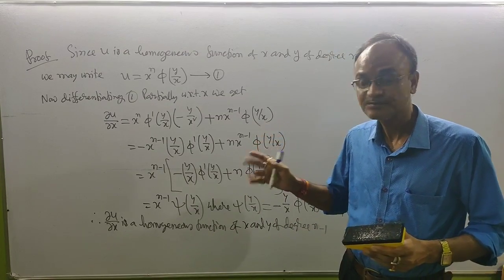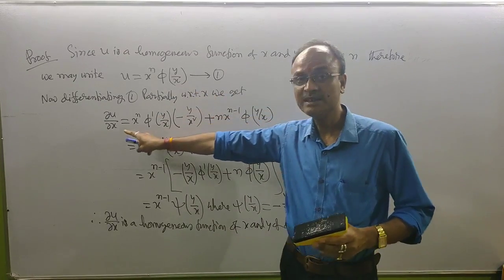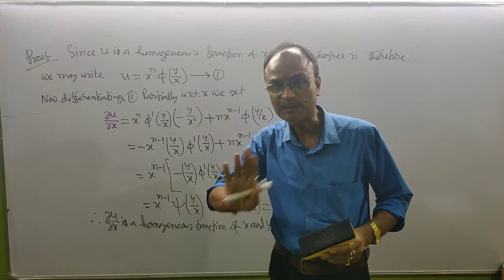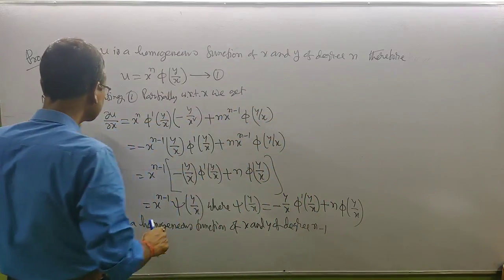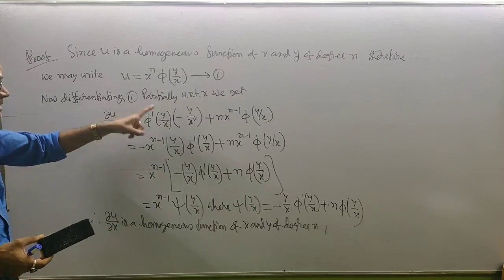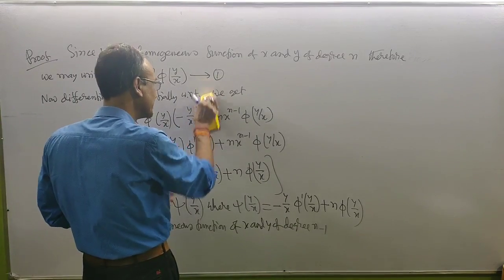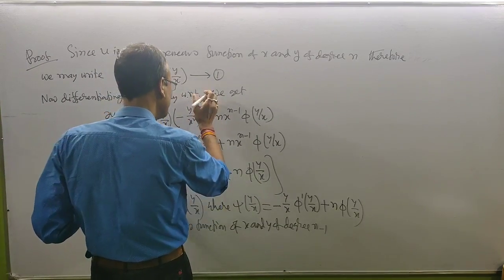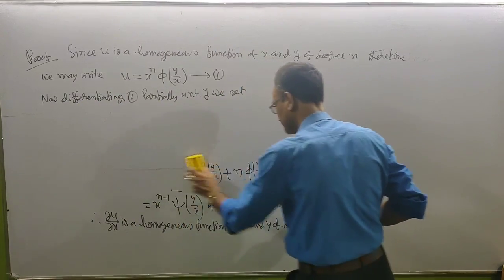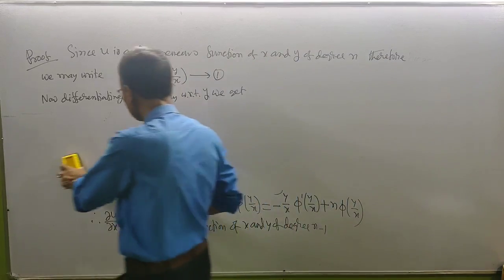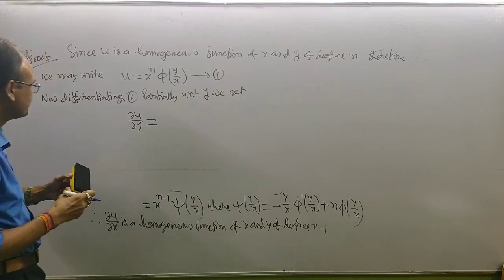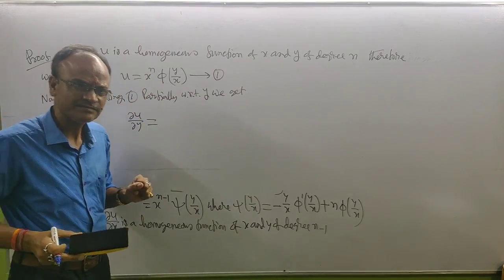Now we are going to prove that del u by del y is also a homogeneous function of x and y of degree n minus 1. Now differentiating one partially with respect to y, we get del u by del y equal to x to the power n.